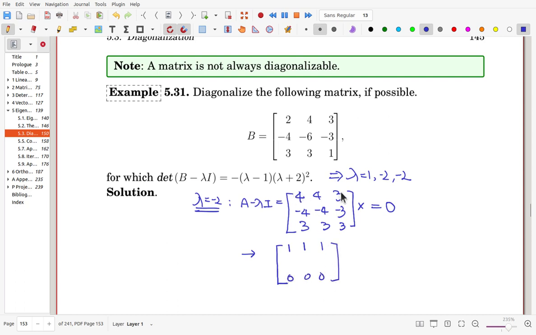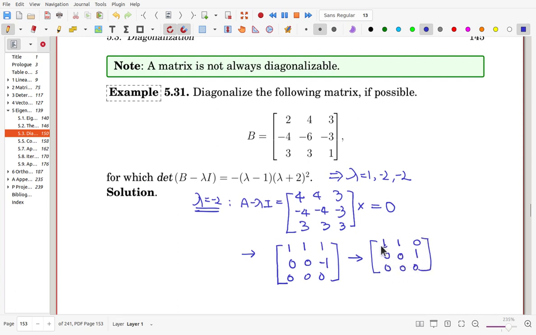And then for this one, now 1, 1, 1 is subtracted from 4, 4, 4, so the row becomes 0, 0, -1. Now from here, after scaling, it becomes 1. After subtracting, it becomes 0. So 1, 1, 0, 0, 0, 1, 0, 0, 0.